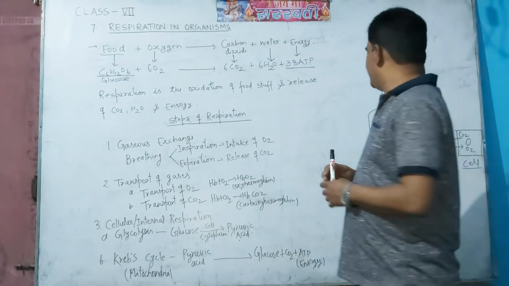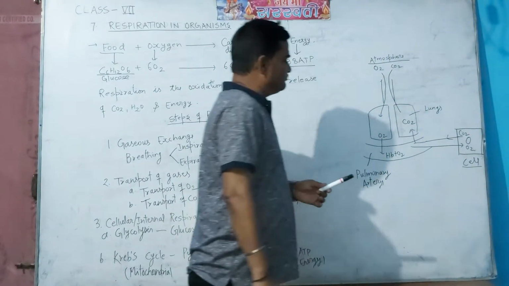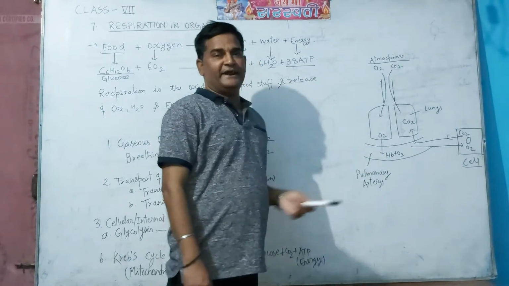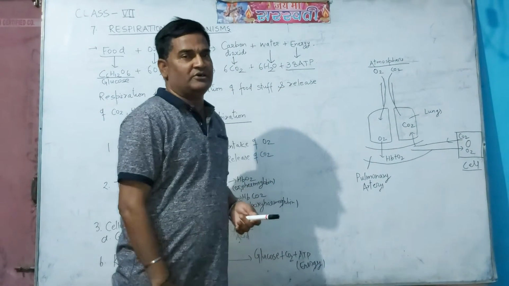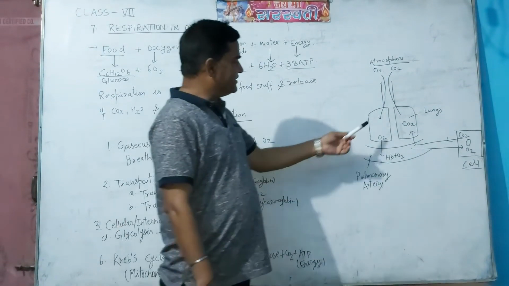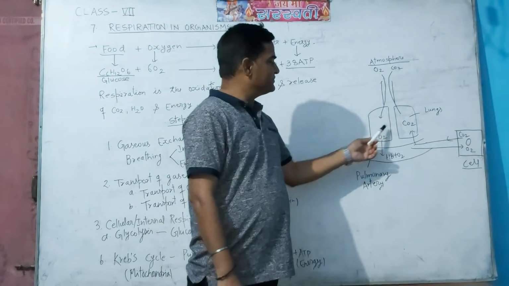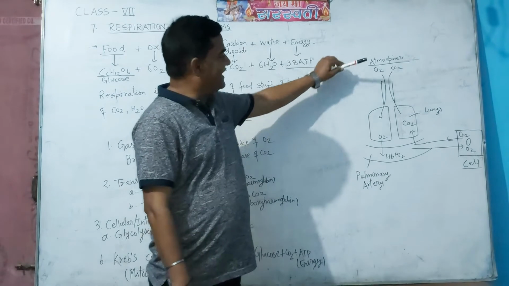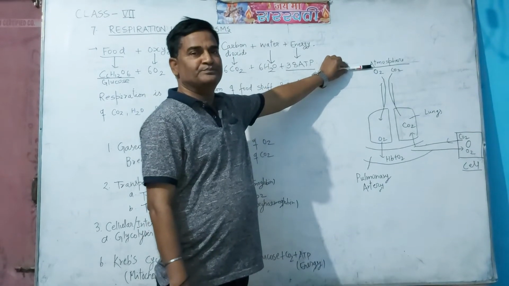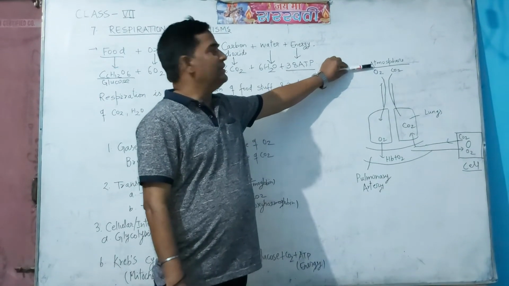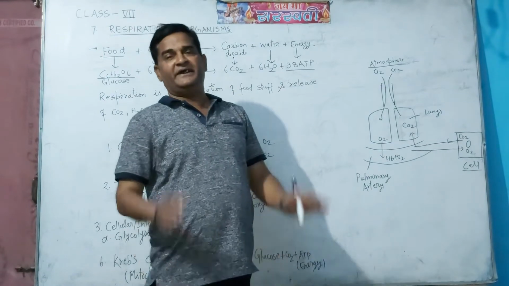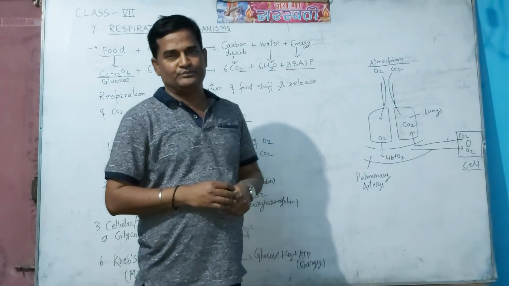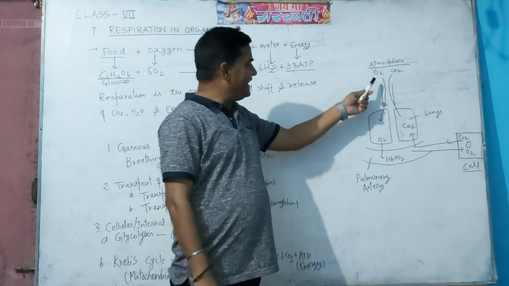Now, children, with the help of this diagram, we explain what breathing or gaseous exchange is. Suppose, children, these are our lungs. Lungs are the main respiratory organ. And here is the atmosphere. As you know, children, the atmosphere contains air and air is a mixture of gases. When we inhale, what happens?